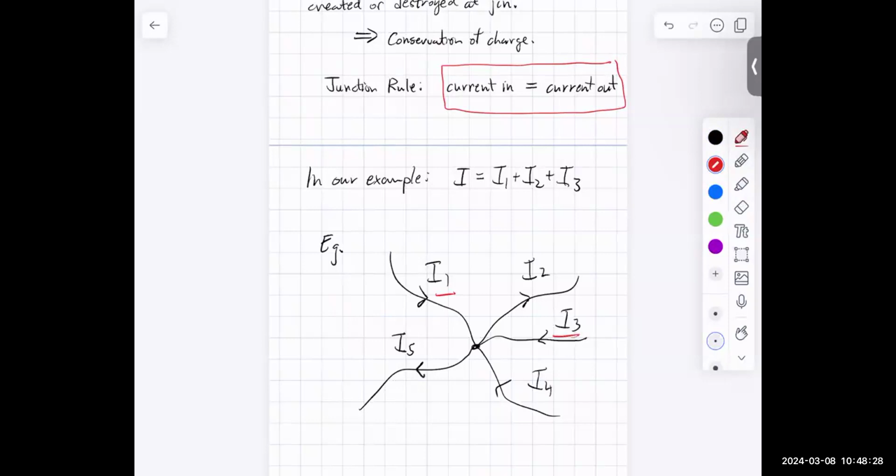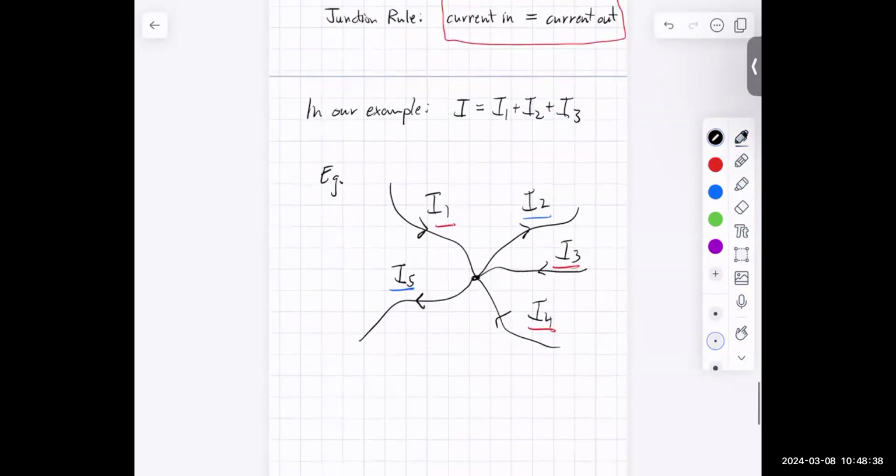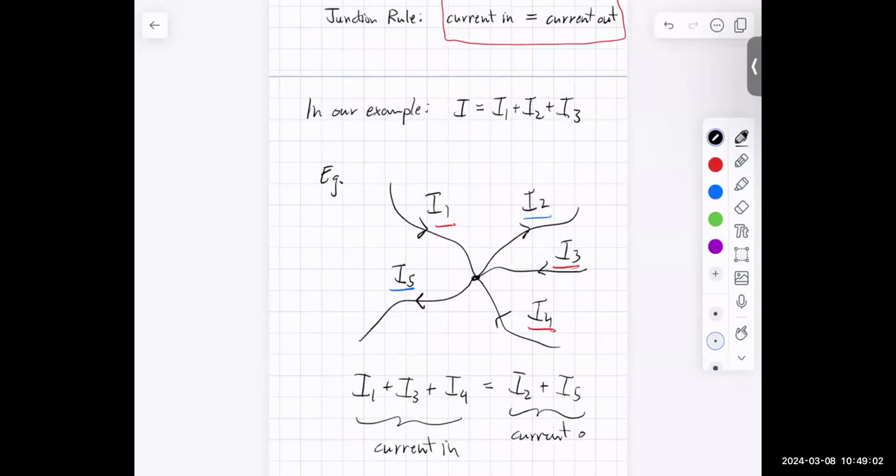I3 is headed towards the junction, and so is I4. But I2 is away from that node. I5 is away from that node. And so the junction rule requires the current in, which in this example includes I1, I3, and I4, must equal the current out. And in this example, it's I2 and I5.